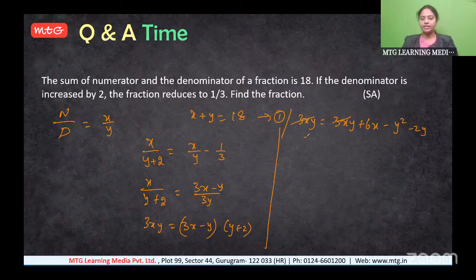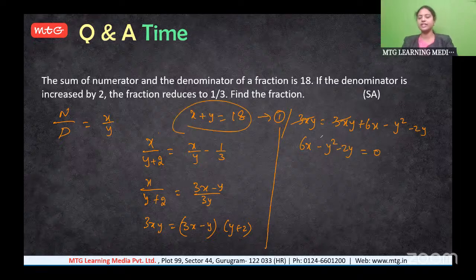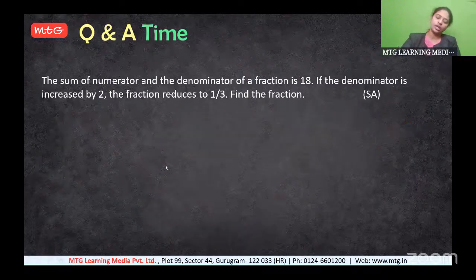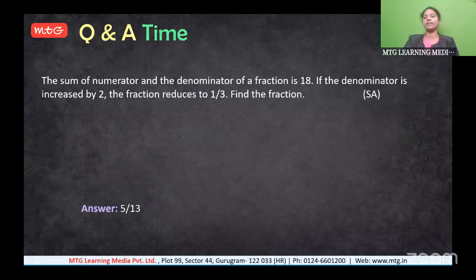So I have 6x minus y square minus 2y equals 0. Now I will replace the first condition in the second case. I can replace the x value as 18 minus y and then solve. On solving that quadratic part, you will get the y value. Then again, you can solve to get the x value, and your fraction is going to be 5 by 13.